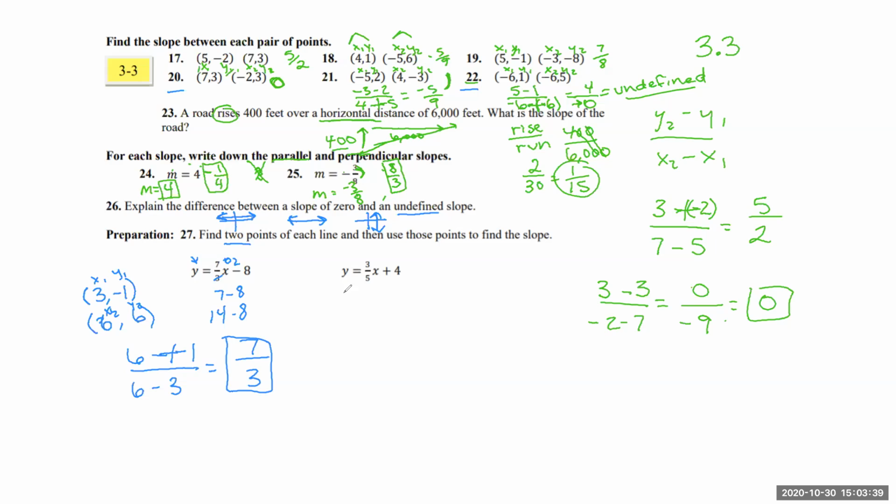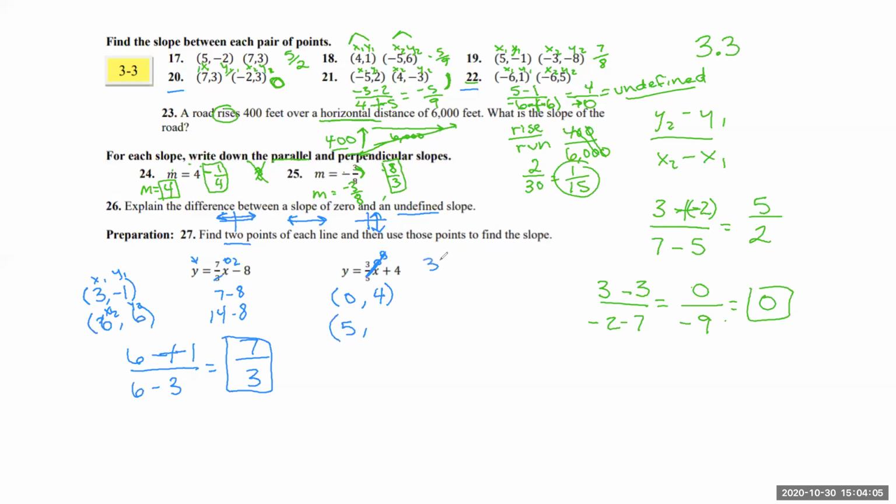Okay, then coming over here, we're going to use the same style. So I'm going to use a couple points. Let's say 0 is probably going to be a good one. This one's an easy one because it'll just cancel this entire thing out and give us 4. And then another good point that we could use is 5, because 5 divided by 5 is just going to be 1. So those will cancel out and leave 3 in its place.